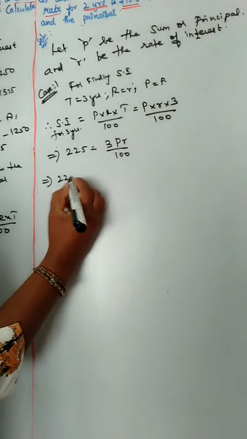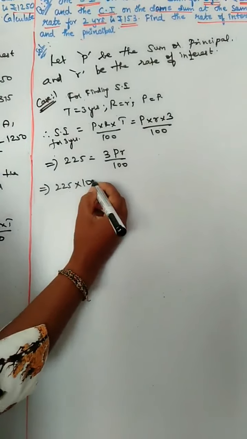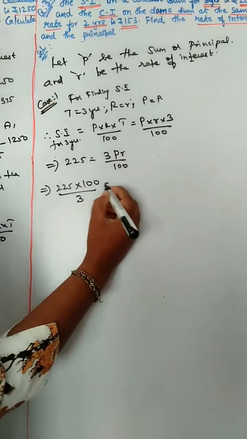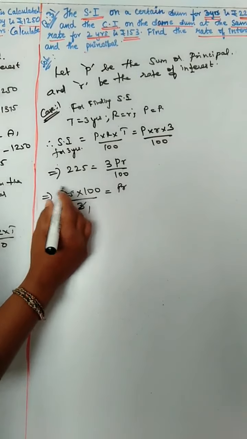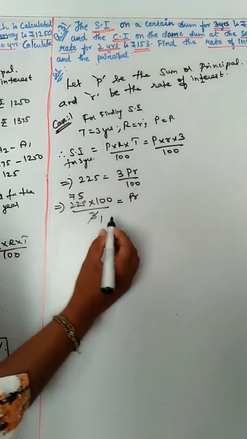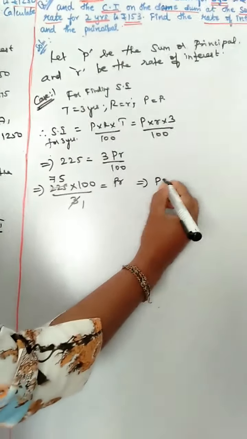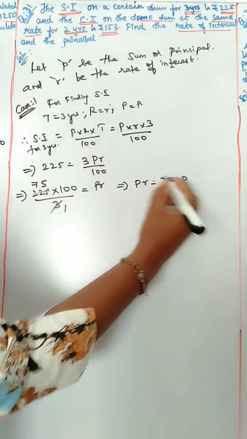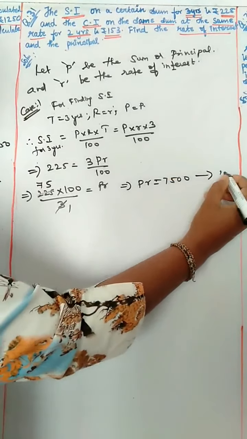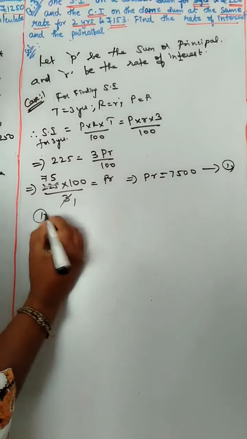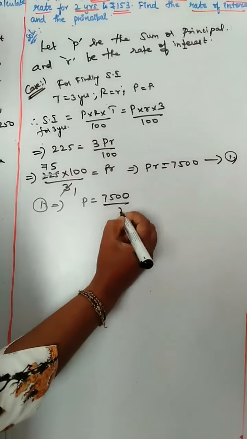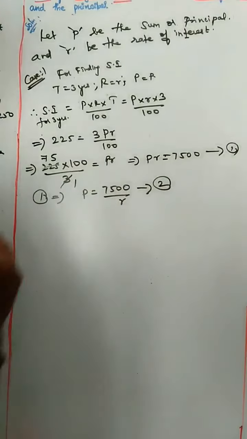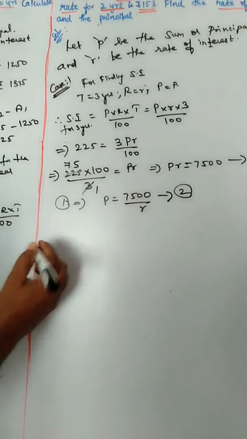So PR is equal to 225 into 100 by 3. By the 3 table, if we cancel, 3 ones are 3, 3 sevens are 21, 3 fives are 15. So PR is equal to 7500. Consider this as equation 1, and from this P equals 7500 by R, and consider this as 2. Then we'll go to case 2.